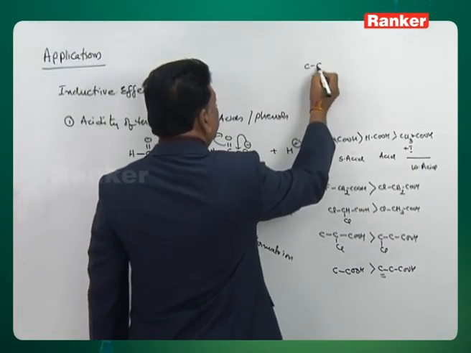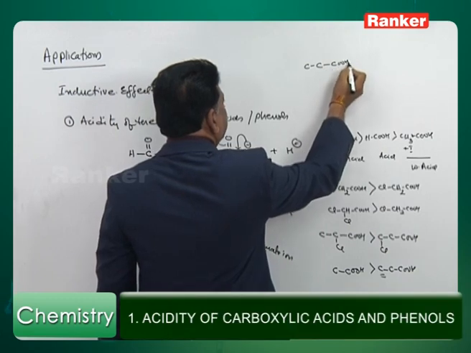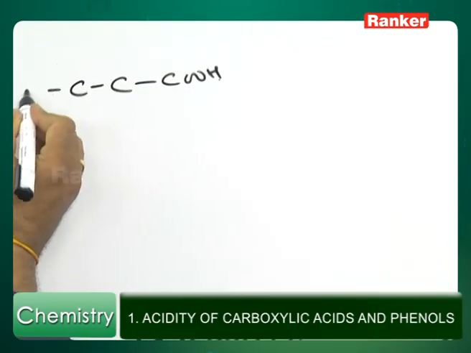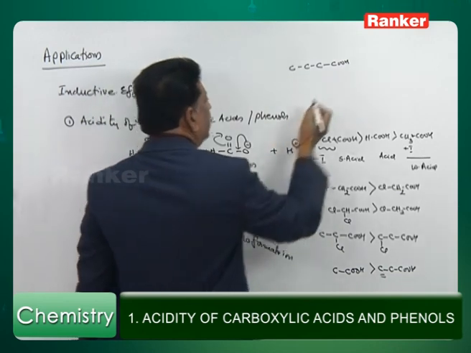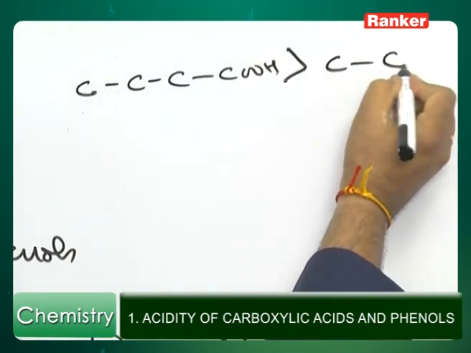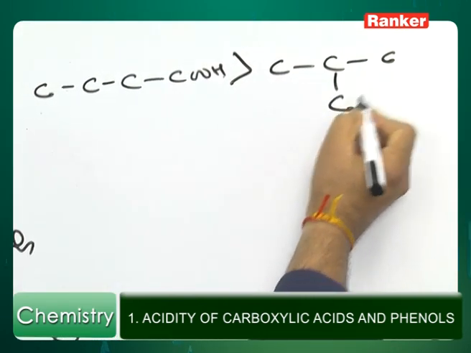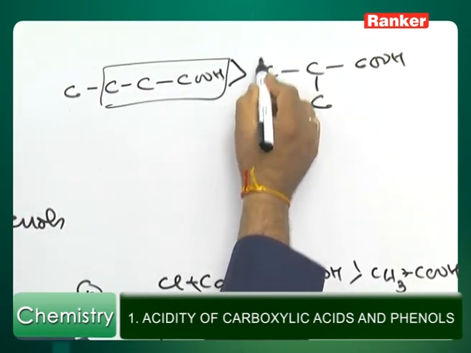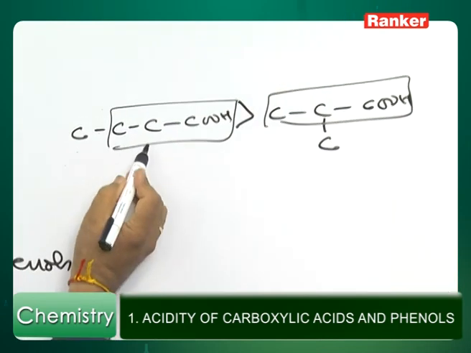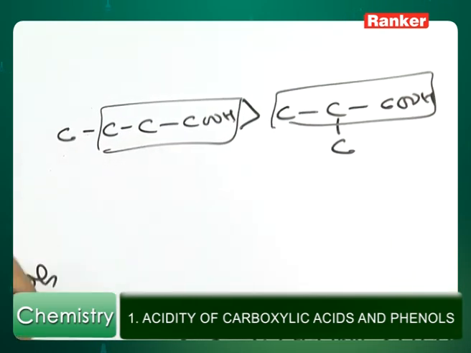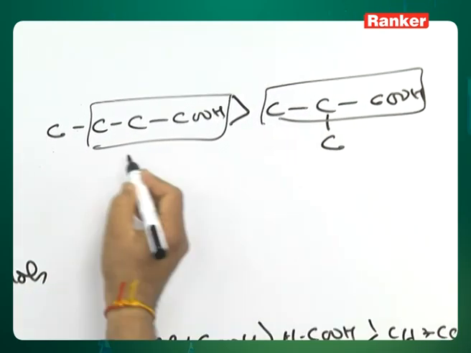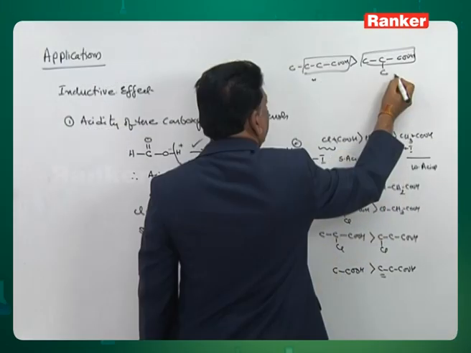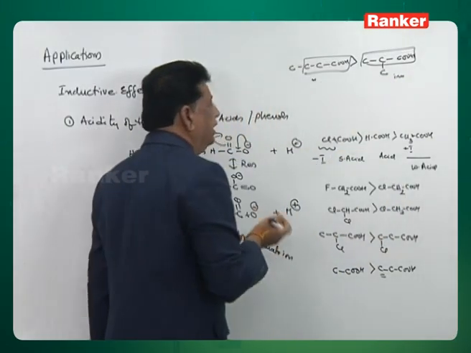We have a propanoic acid with one methyl in this case, which is stronger than the propanoic acid that has a methyl closer. This is propanoic acid, and this is also propanoic acid. You can say it is 3-methyl propanoic acid, and the other is 2-methyl propanoic acid, that is, n-butyric acid and isobutyric acid.